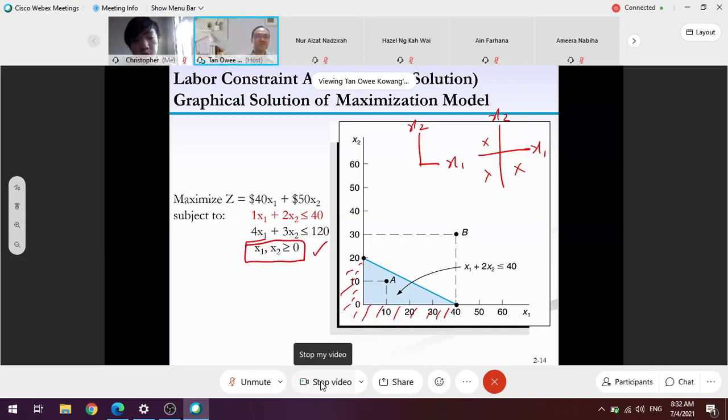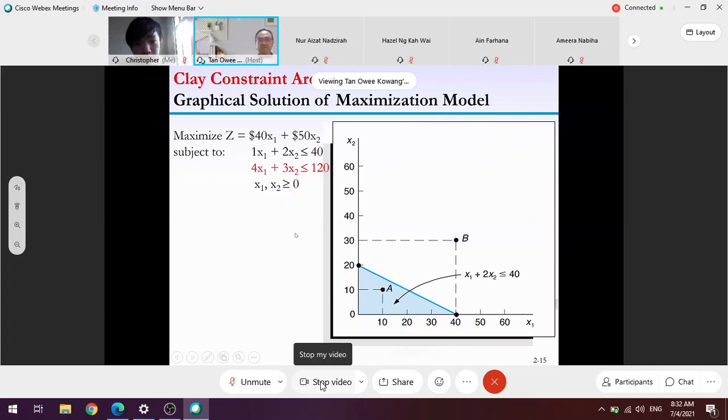So next, we're going to do the same things to identify the feasible area for constraint number 2. You need to identify 2 points, and you need to start draw the line. For x1 plus 3x2 equal to 120, I'm going to identify 2 points.